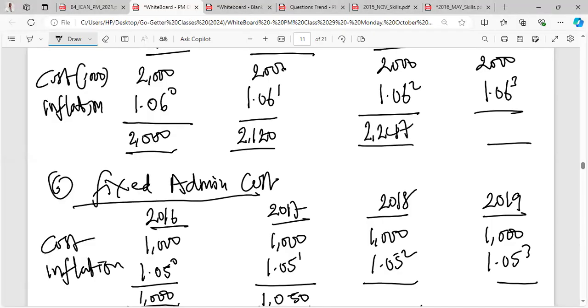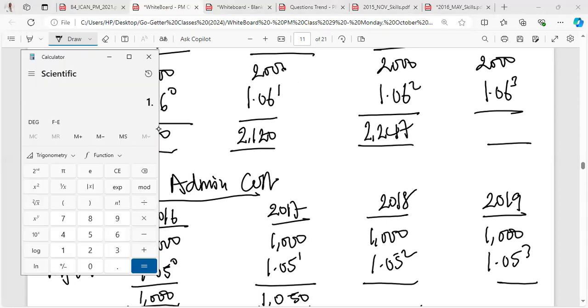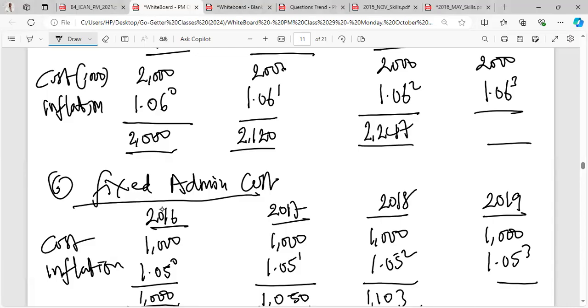Let's do this. 1.05 raised to power 2 multiplied by 1000. 1103.